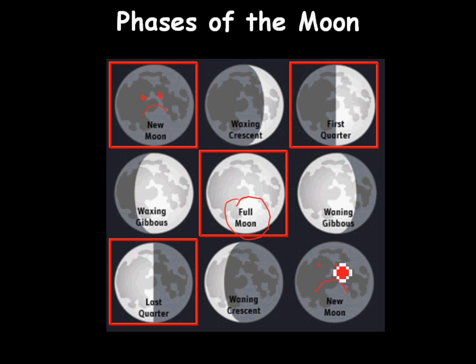Sometimes you can't spot the moon in the sky, and at other points there's varying degrees of illumination of the moon. We get crescents, we call this quarters, and these are gibbous, the waxing and the waning gibbous, and this is all to do with the position of the moon relative to the sun.